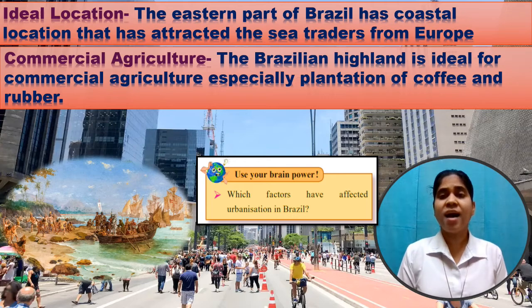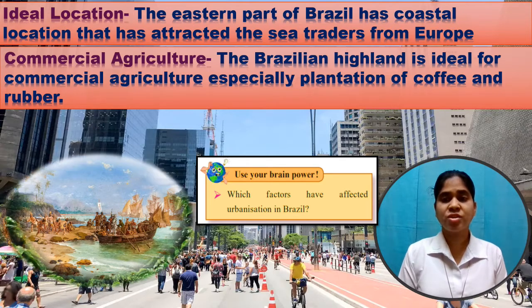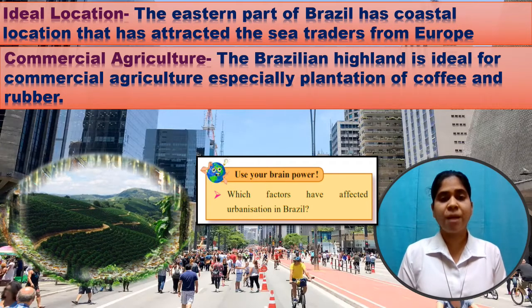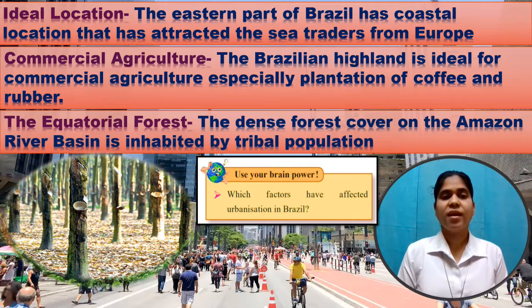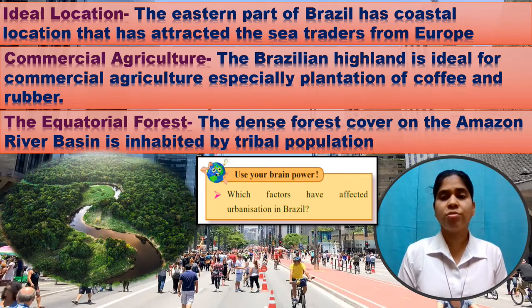The Brazilian highland is ideal for commercial agriculture, especially plantation of coffee and rubber. Third, the equatorial forest. The dense forest cover on the Amazon River basin is inhabited by tribal population.